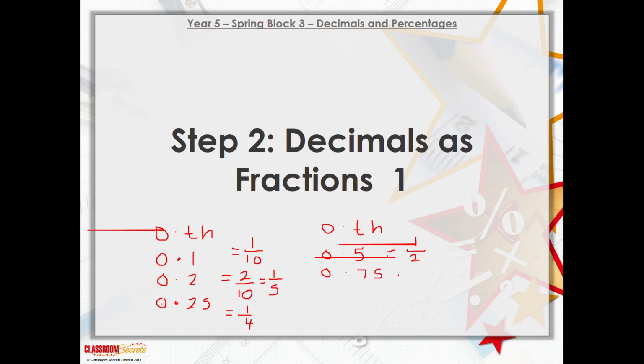That's actually 3/4. That's 3 lots of 0.25.